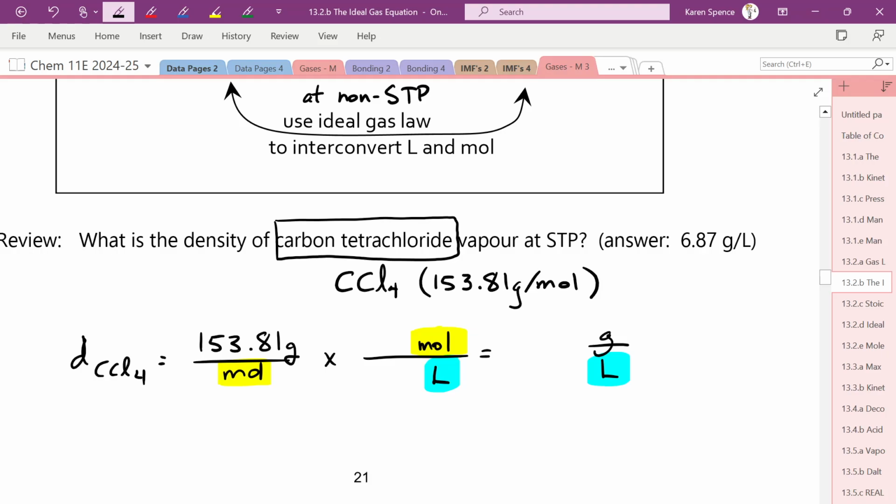Is it 22.4 moles per liter or 22.4 liters per mole? 22.4 liters per mole.